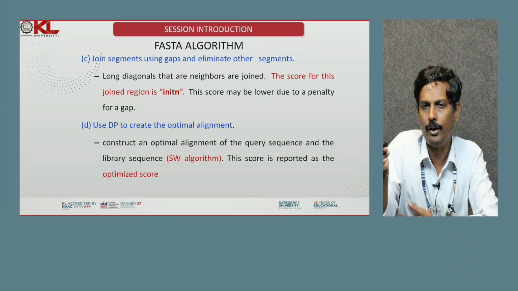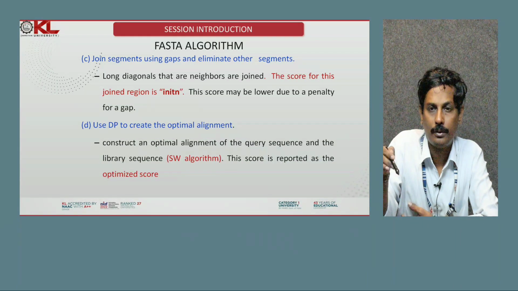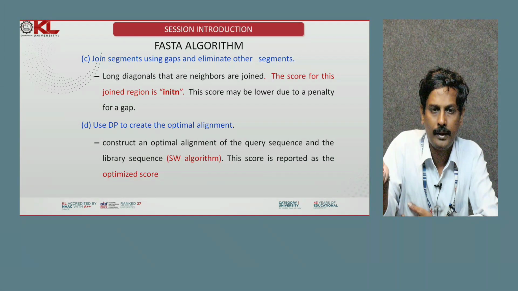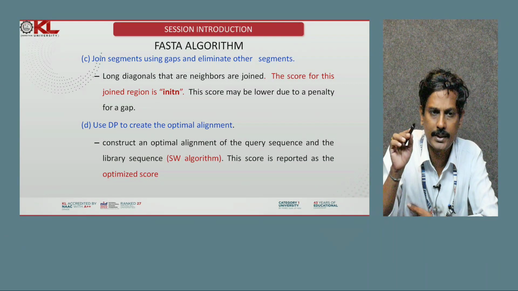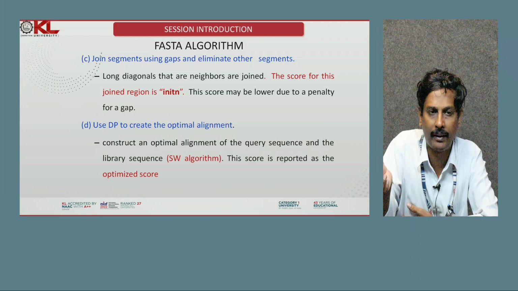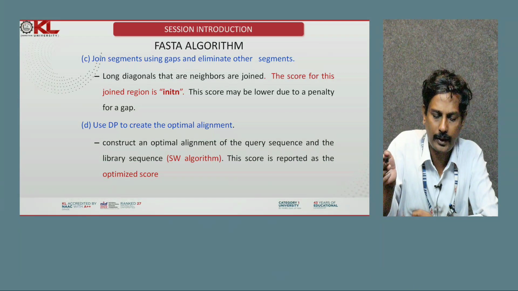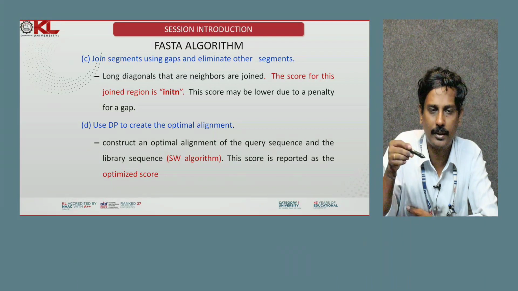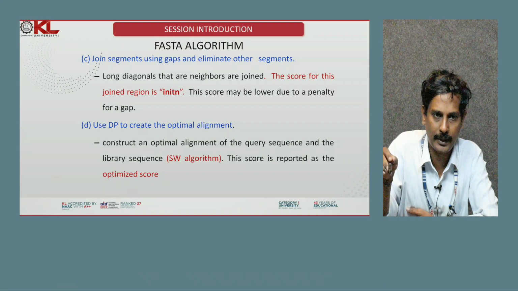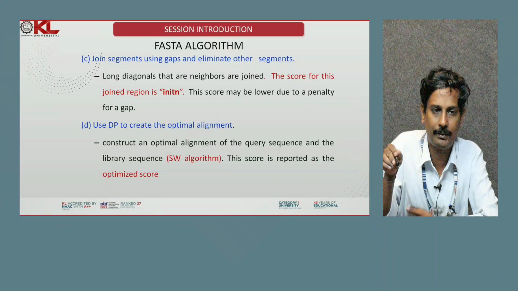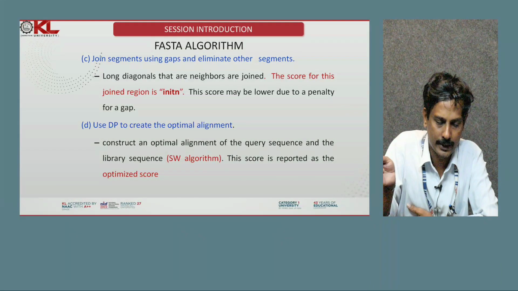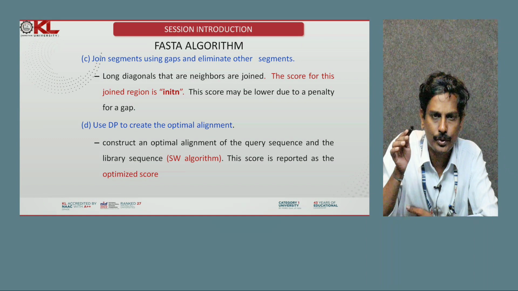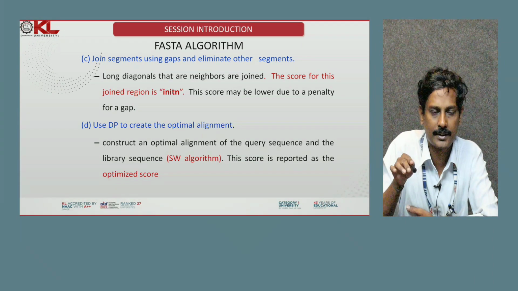The score may be lower due to a penalty for a gap. Here, have you considered the gap penalty value? Already I have told you about pairwise sequence alignment, what is a gap, what is the similarity region, what is the insertion value. That concept you should incorporate in the FASTA algorithm.